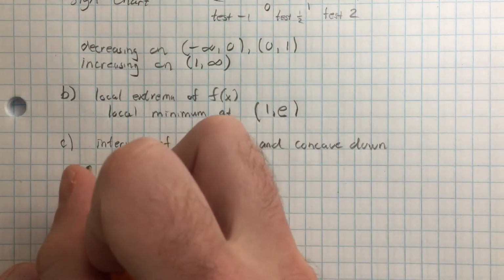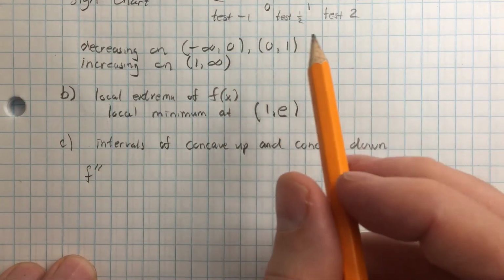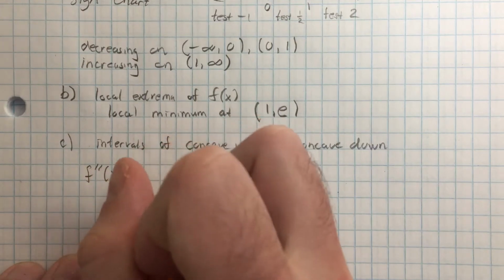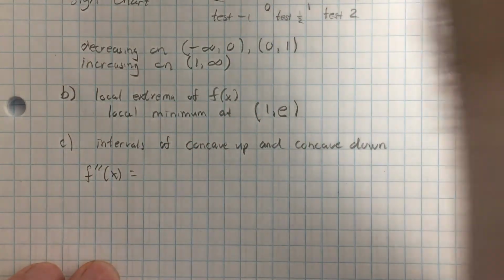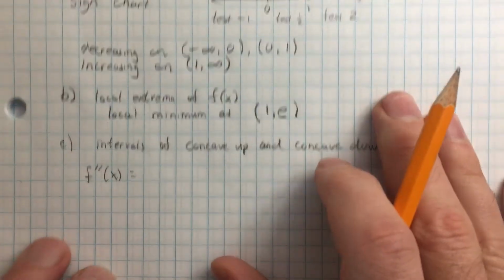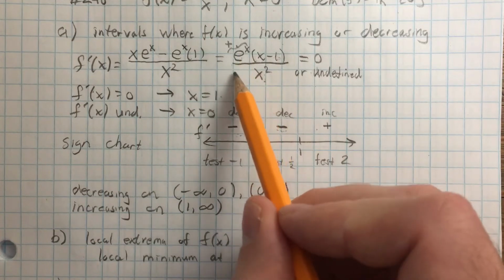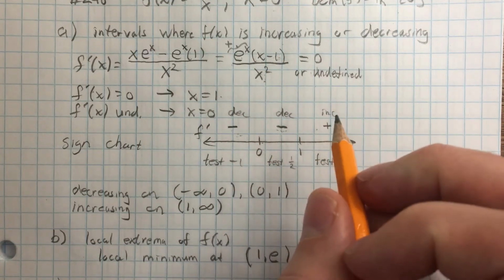We apply basically the same test we just did, but through the lens of the second derivative. So f double prime of x should be, what? If we look back, here is our first derivative in its most simplified form. We will use this to find the second derivative.